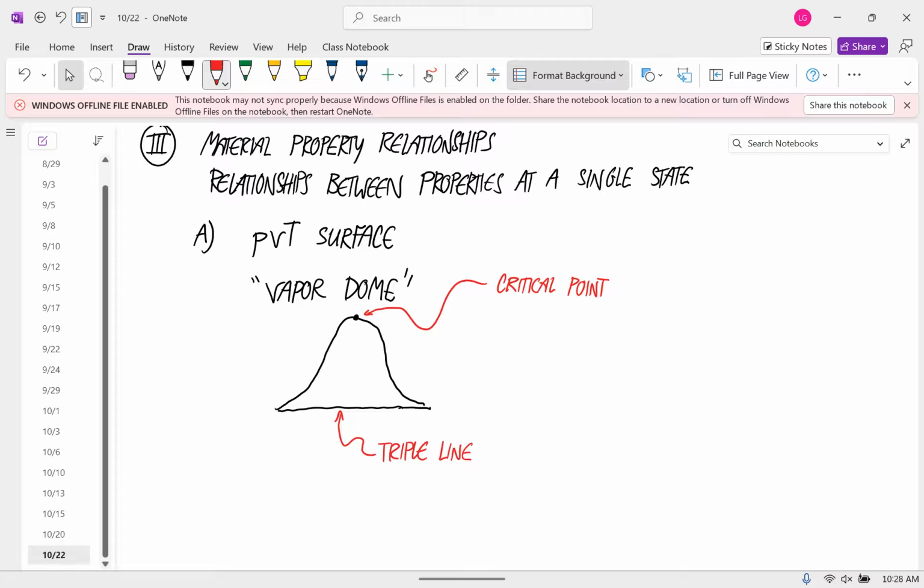And then what's really important to us is these two boundaries. The green boundary represents a saturated liquid. The red boundary represents a saturated vapor.